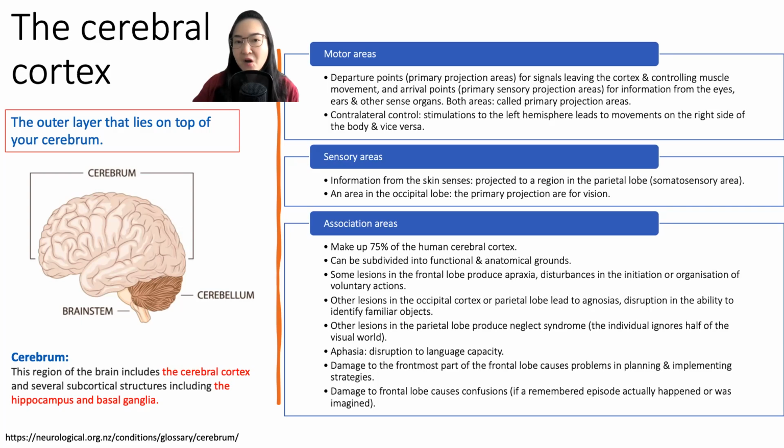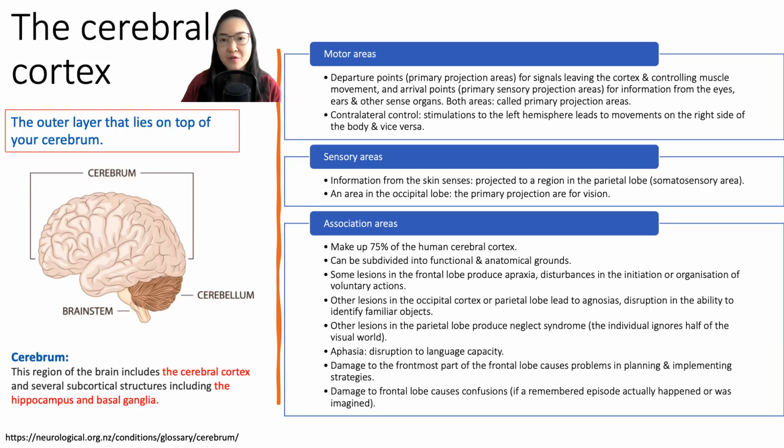Motor areas are the departure points, or the primary projection areas, for signals leaving the cortex and controlling muscle movement, and arrival points, primary sensory projection areas for information from the eyes, ears, and other sense organs.